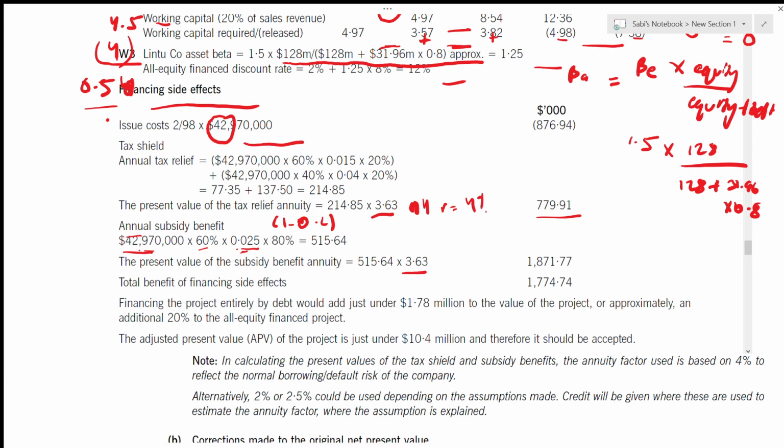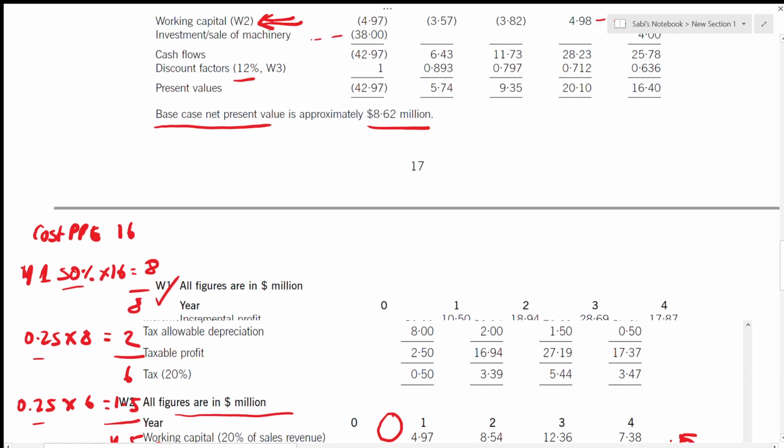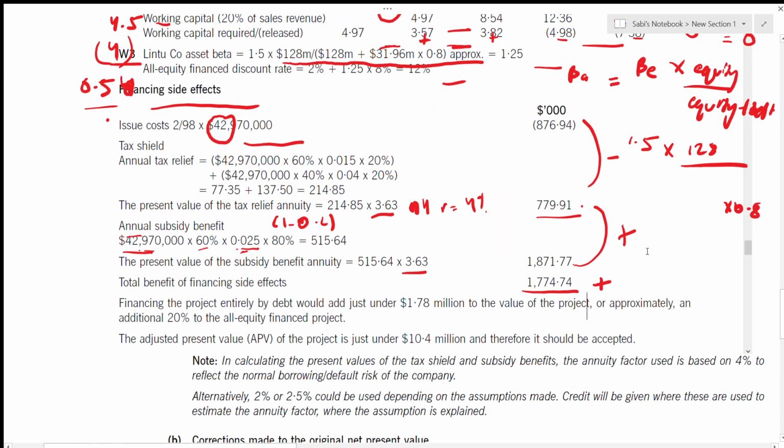So what happens is, you have to add both, and then you will be getting this answer. Total benefit of financing side effect. What do you have to do? You have to add this to your net present value. Base is 8.62 million.